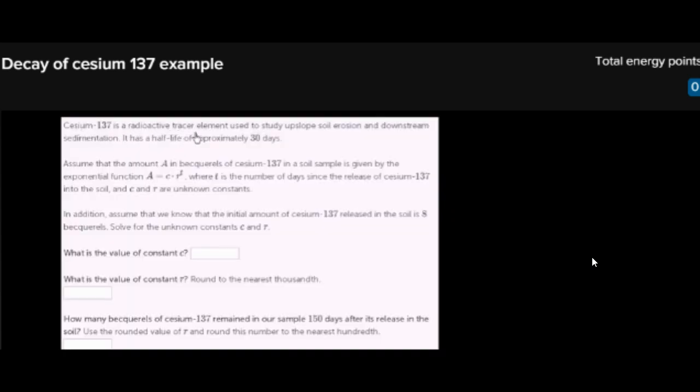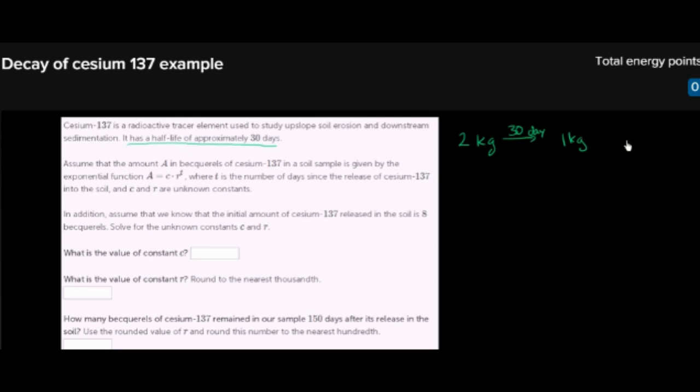Cesium-137 is a radioactive tracer element used to study upslope soil erosion and downstream sedimentation. It has a half-life of approximately 30 days. So this half-life of 30 days means that if you were to start with, let's say, 2 kilograms of cesium-137, 30 days later you're going to have 1 kilogram of cesium-137, and the other kilogram has decayed into other things.